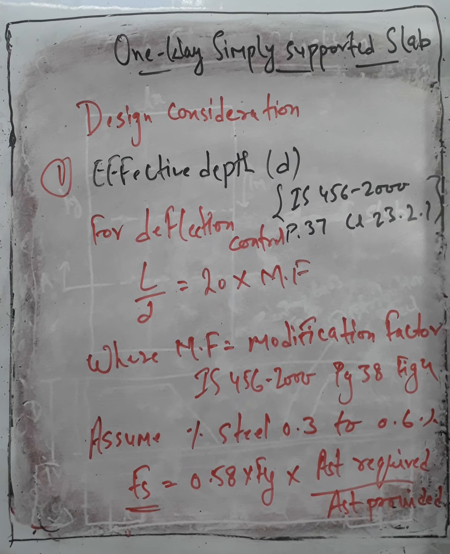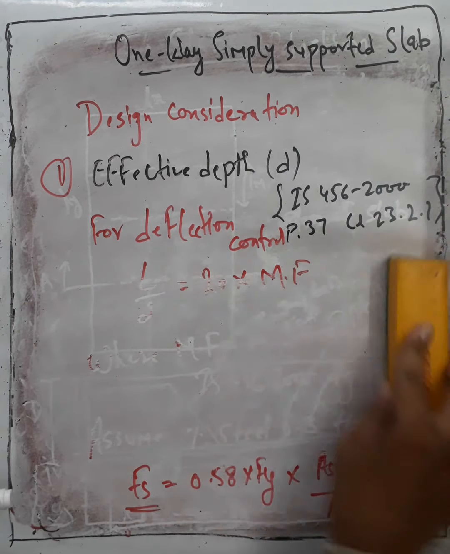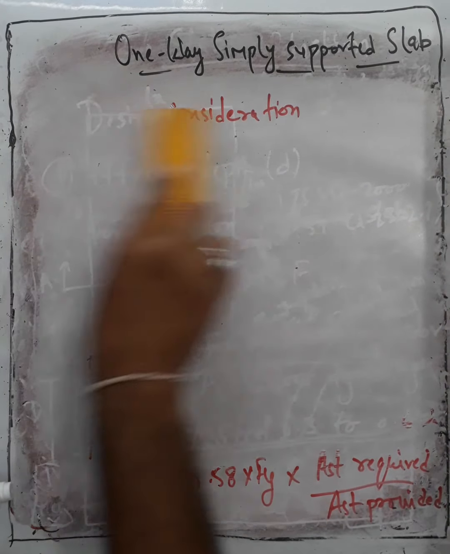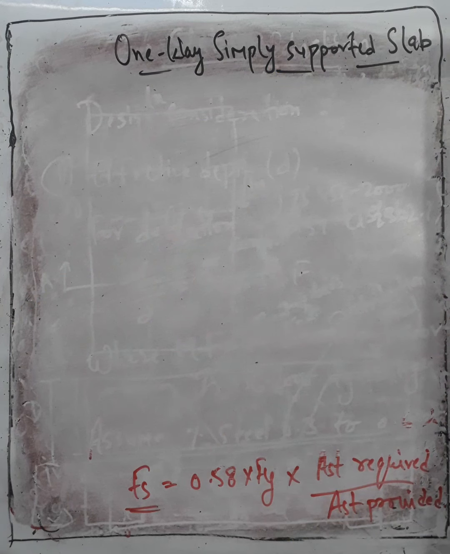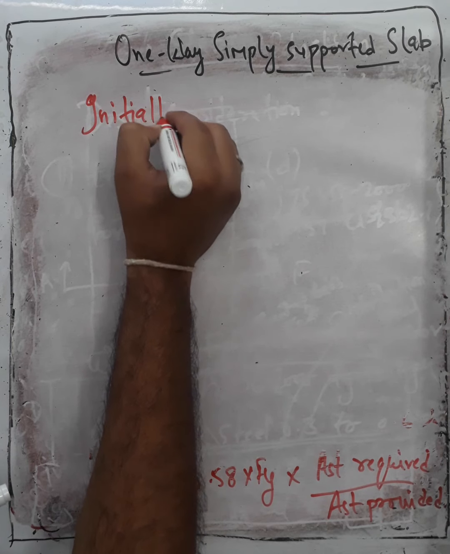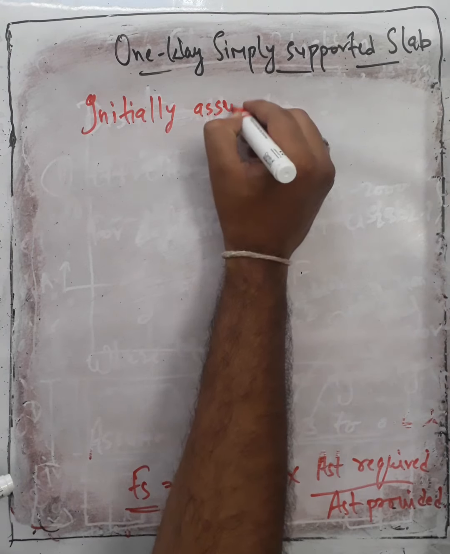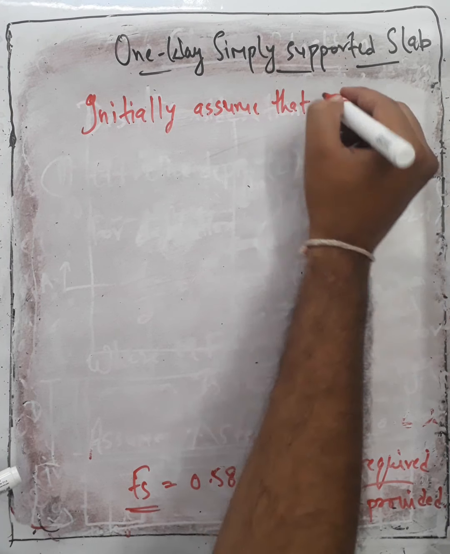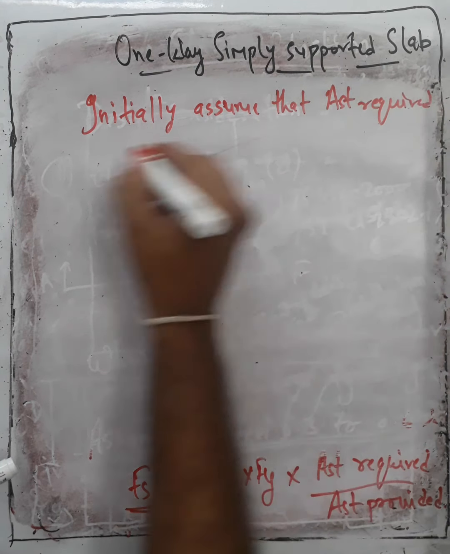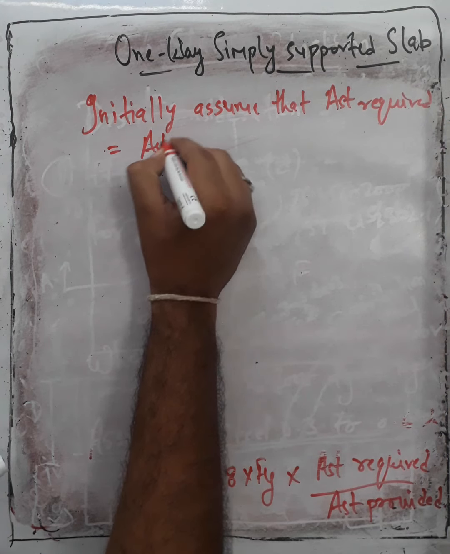Here you have assumed steel is 0.3 to 0.6%. Now for finding Fs, we require AST required and AST provided. In the initial phase, we assume that AST required is equal to AST provided.